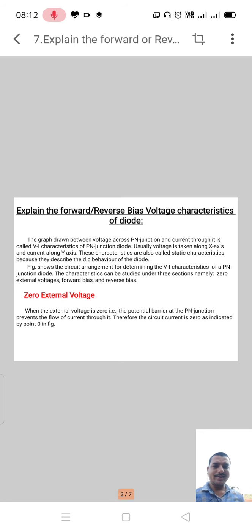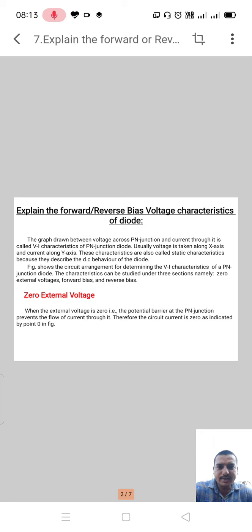And coming to the characteristics. The forward and reverse bias voltage characteristics of diode. The graph drawn between voltage across PN junction and current through it is called VI characteristics of PN junction diode.